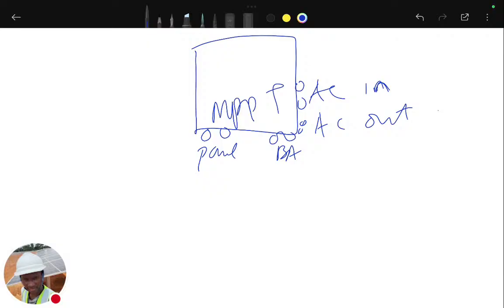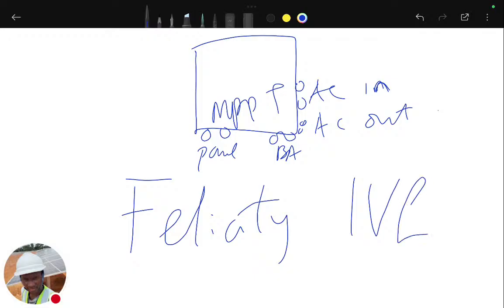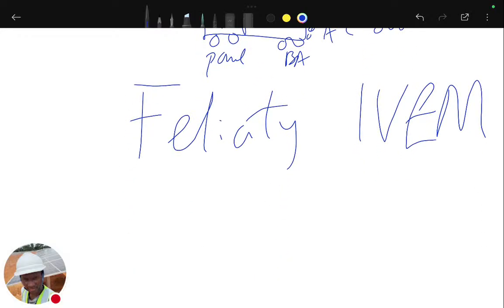So, while it depends on the inverter, some hybrid inverters, such as Felicity IVEM inverters, Felicity have 2 types of inverters in their brand. They are all pure sine wave, by the way, but they have the IVEM and the IVPS. The IVEM are the really smart hybrid inverters and transformerless inverters.